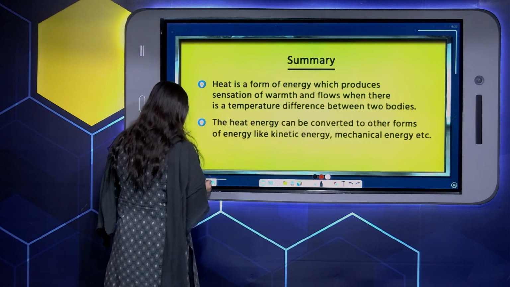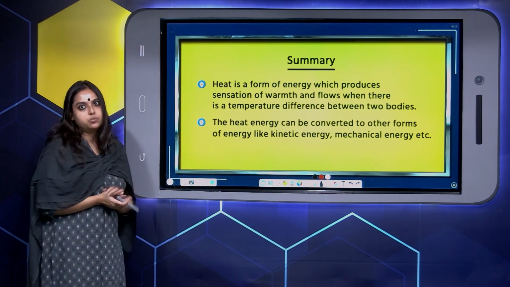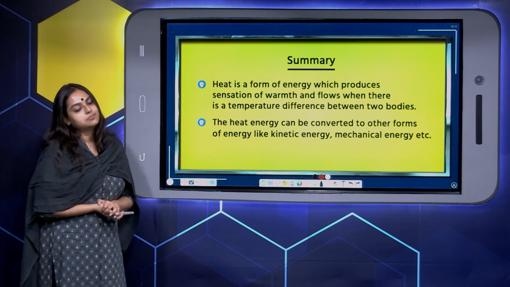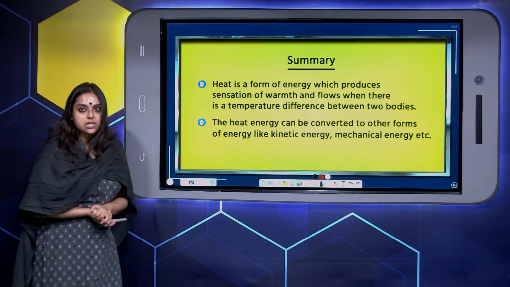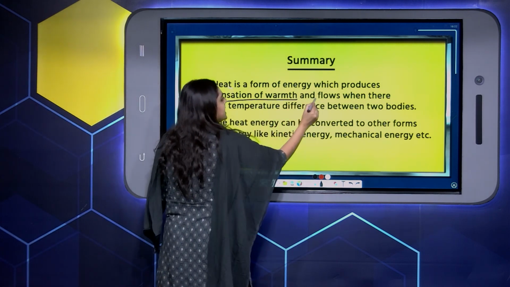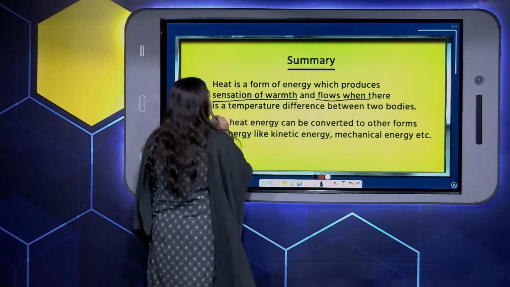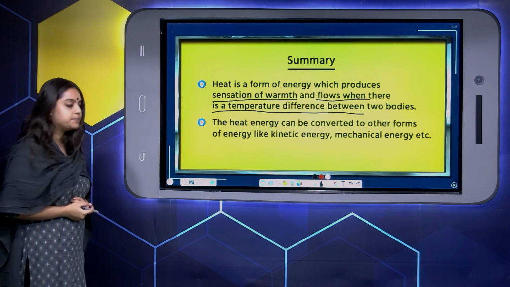Okay. So here is the summary of what we have learned today. Number one, heat is a form of energy which produces sensation of warmth and flows when there is a temperature difference between two bodies, right?